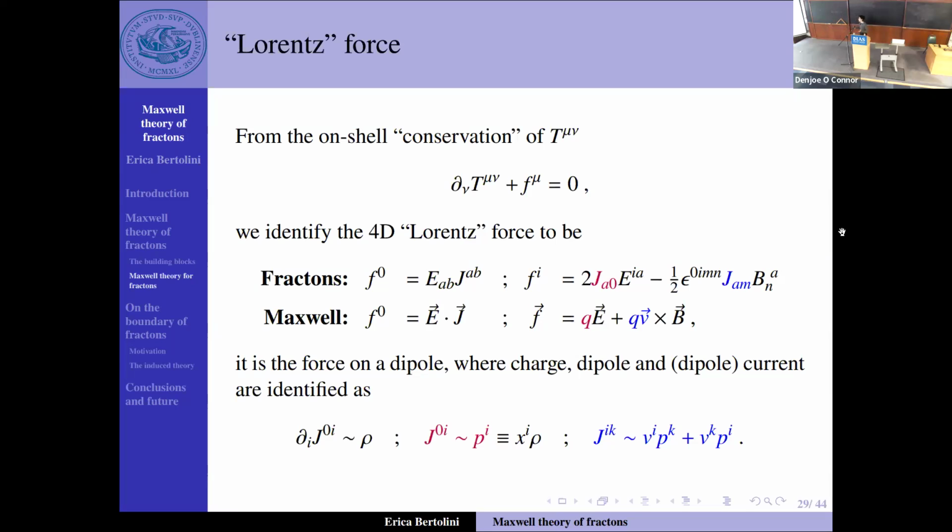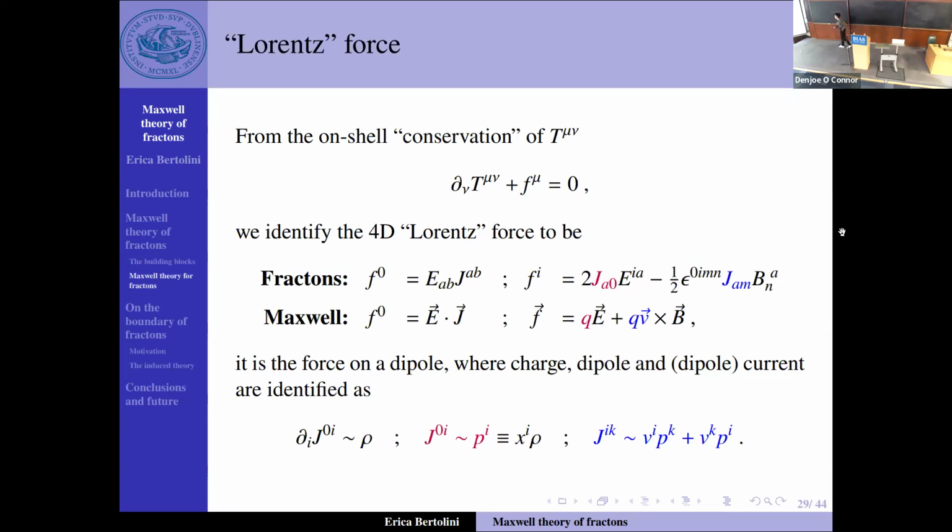Like Pretko in his paper writes, by intuition, the Lorentz force for fractons is this. That's cool because it matches exactly ours, but it's not in a formal way, and we get exactly the same, starting from the symmetry principle of the QFT.